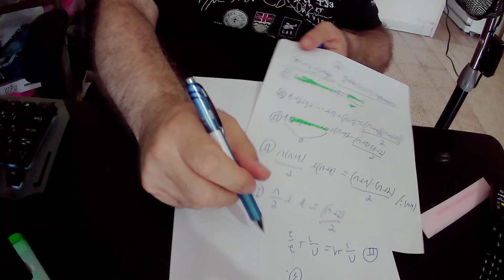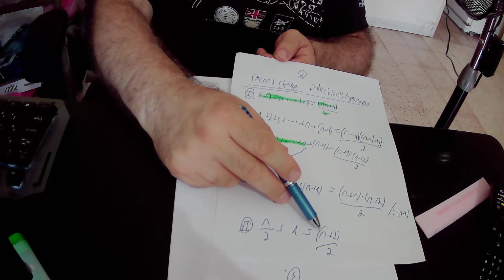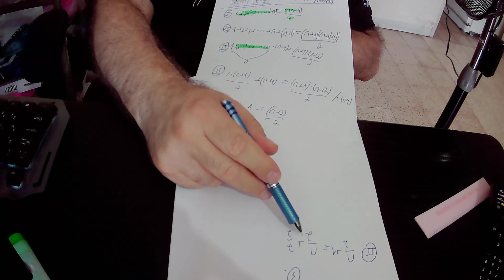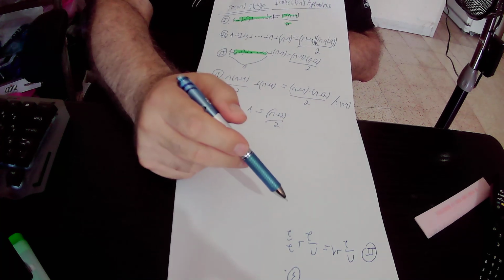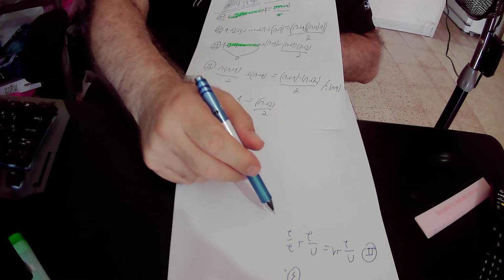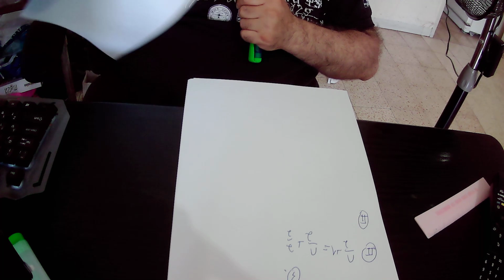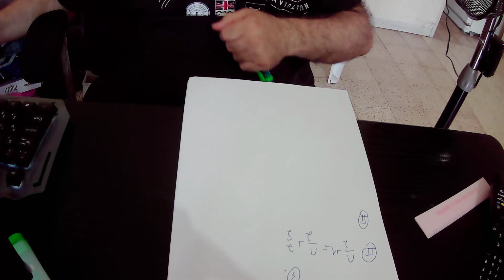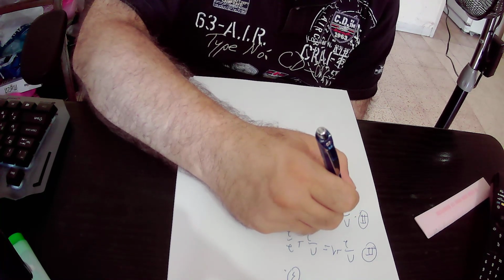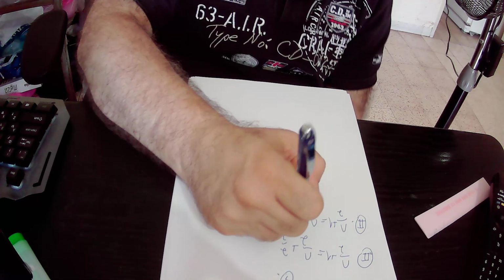Okay, so when we divide this expression into two parts, it will be n divided by 2 plus 2 divided by 2. Okay, now 2 divided by 2 is 1, so we'll write it down. So it is n divided by 2 plus 1 equals n divided by 2 plus 1.